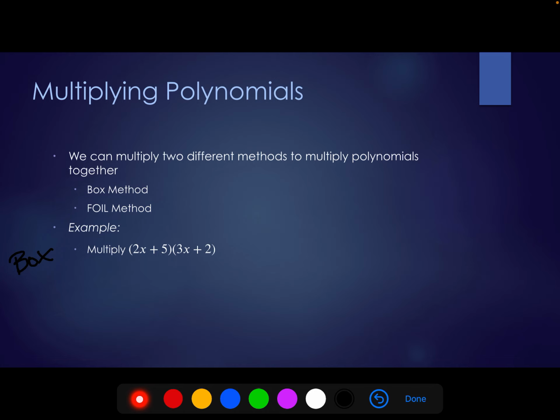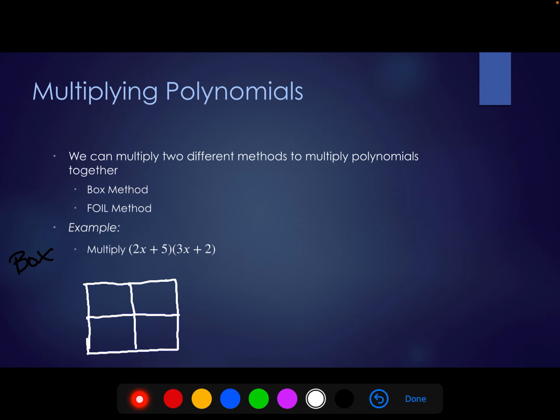For the box method, it sounds just like it's named. You're going to make a box. Let's make a box here, and we're going to break that box up into, in this case, 4 squares. The reason we break it up into 4 squares is because we need to section it off by term.